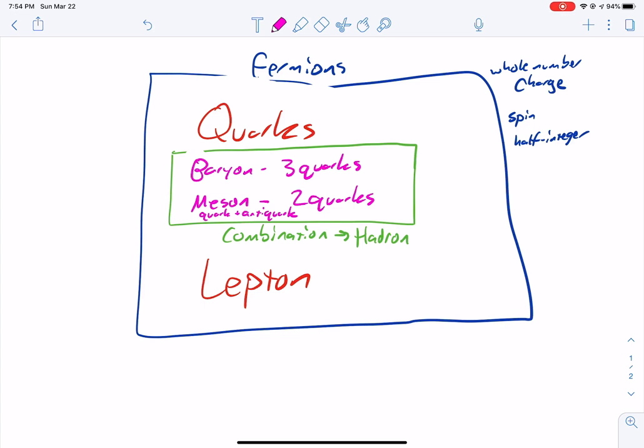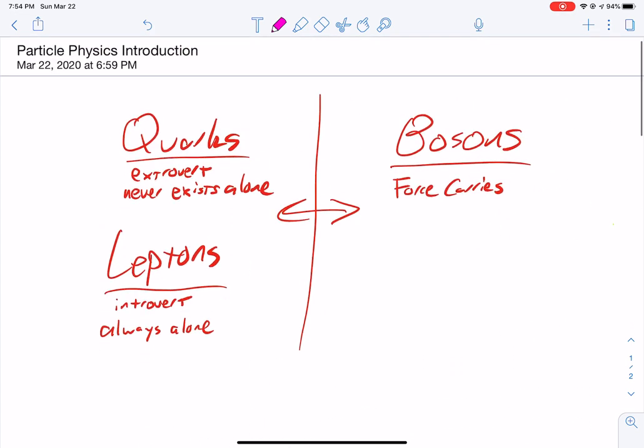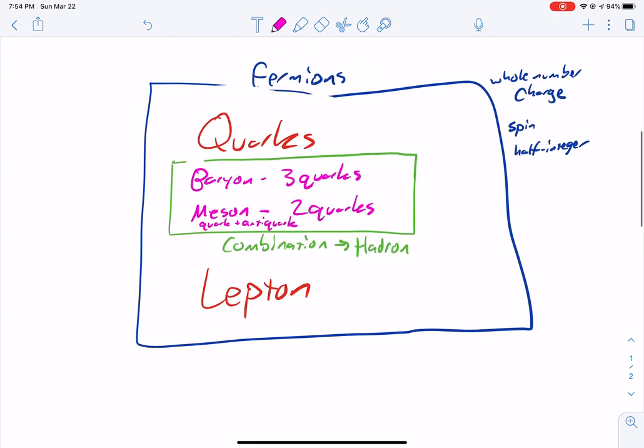So these are the combinations. These are some of the words you need to know. You need to know quarks, leptons, and bosons. You need to know that all the quarks and leptons are fermions. All the baryons and the mesons are also fermions. You need to know that combinations of quarks are hadrons, and the 2 types of hadrons are the baryon and the meson.